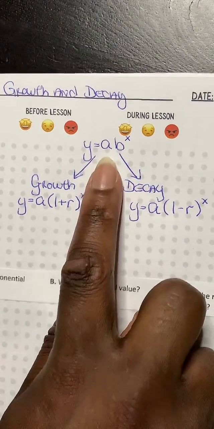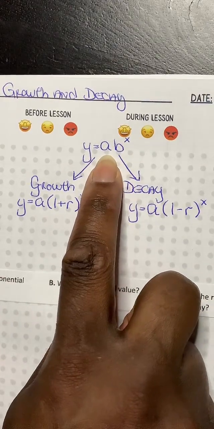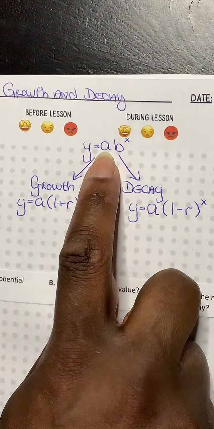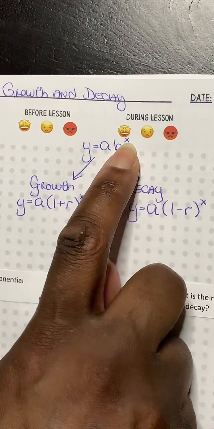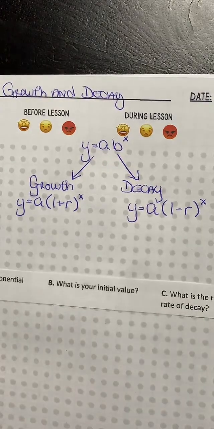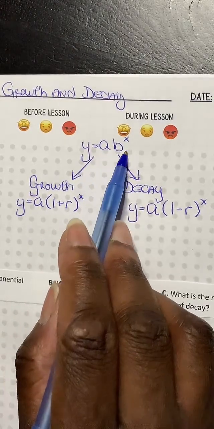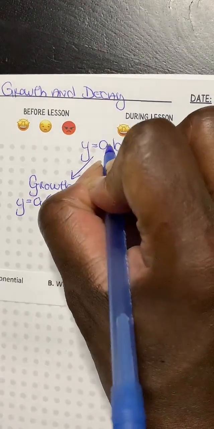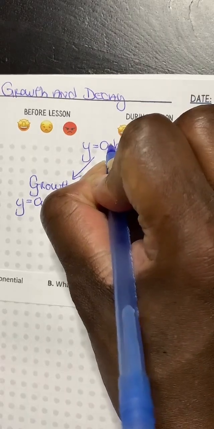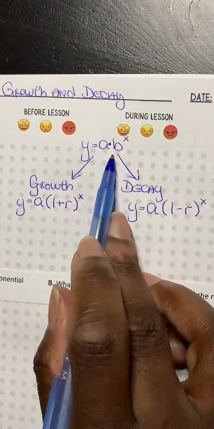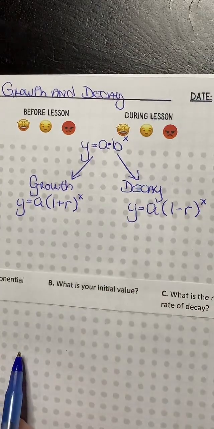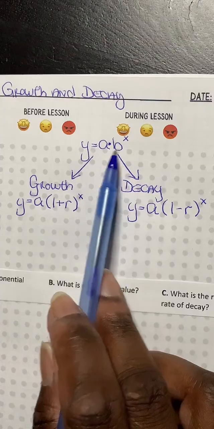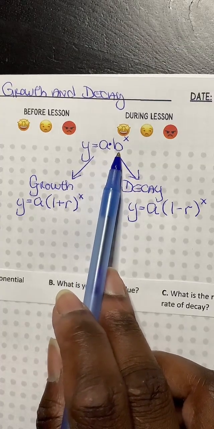Now, anytime something is exponential, there's an A, there is a b value, and it's being raised to an exponent. Sometimes you may see it as AB. Sometimes it'll be A with a dot with the b raised to the x, or sometimes there's a parenthesis around the b. Okay? Either way, this is exponential.